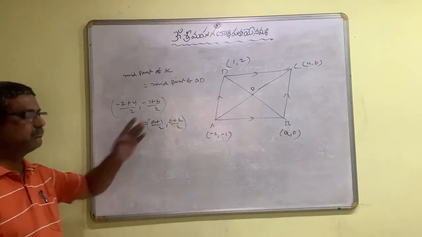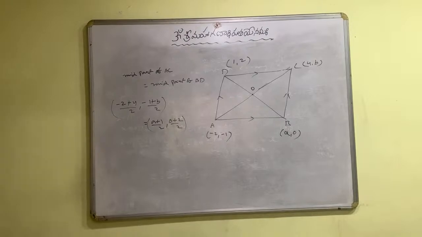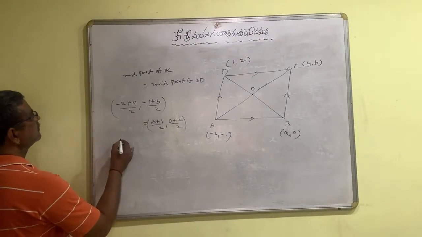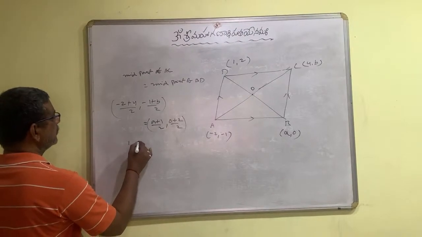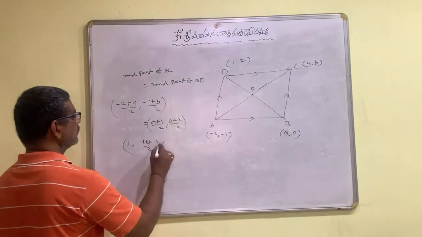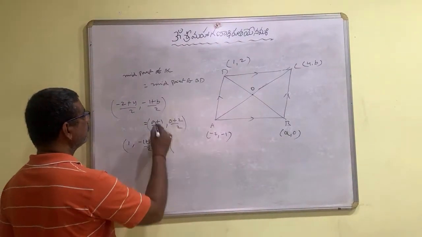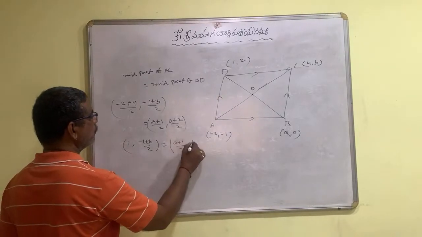These two are the same. Now simplify this: (2 by 2, which is 1, (minus 1 plus b) by 2) is equal to ((a plus 1) by 2, 1).